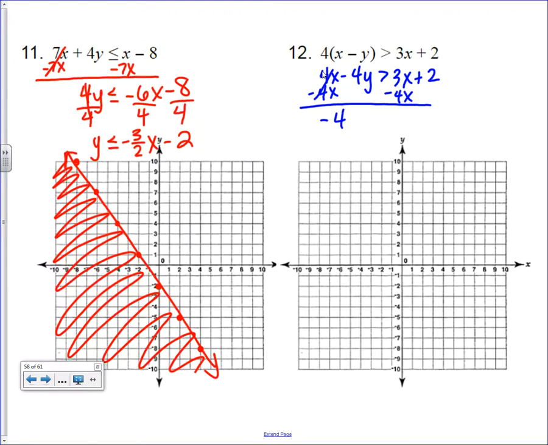So now I have negative 4y is greater than negative x plus 2. Now we'll divide by that negative 4, which means I've got to flip that symbol. I've got y is less than a positive 1/4. Does everybody see why it's positive? And then what's 2 over 4? That'll be negative 1/2.